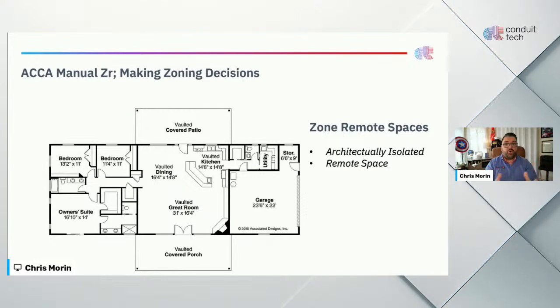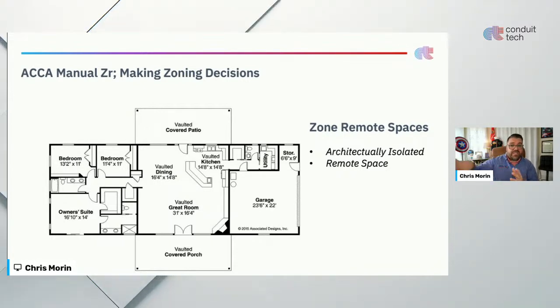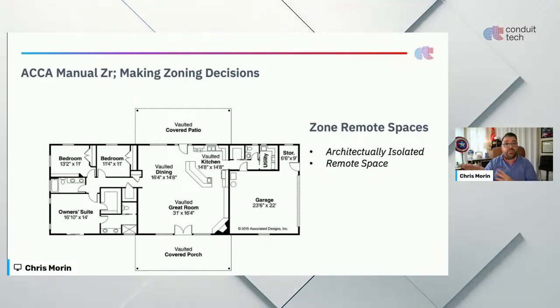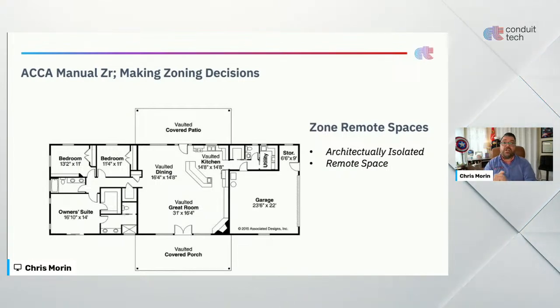That could be one zone. It's wide open, right? But you can't put it on the same zone as the architecturally isolated spaces of the bedrooms on the left-hand side of this floor plan. That should be at least one other zone. You might find you need to break it up into multiple other zones, depending on the gains of the fenestration and stuff like that as we go here.